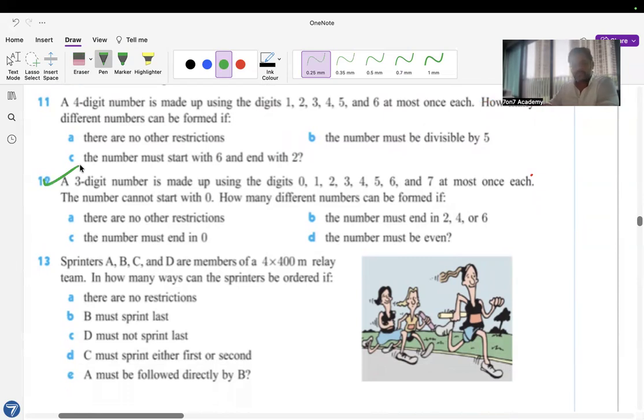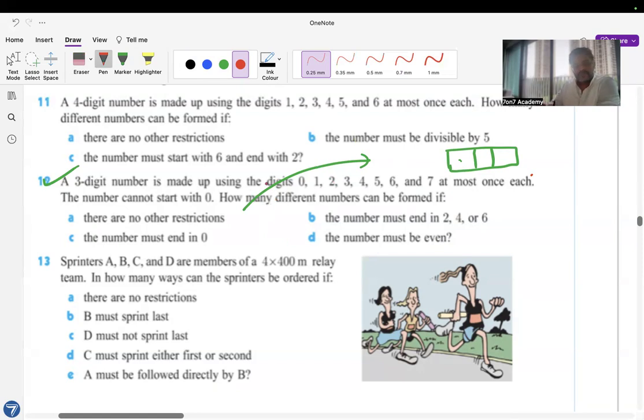The 3-digit numbers are these. There are no restrictions. How many different numbers can be formed if it's a 3-digit number? You want to find with no restriction, forming 3-digit numbers. There is one case, you always have to start from the leftmost side, so there is one restriction. It cannot start with 0.